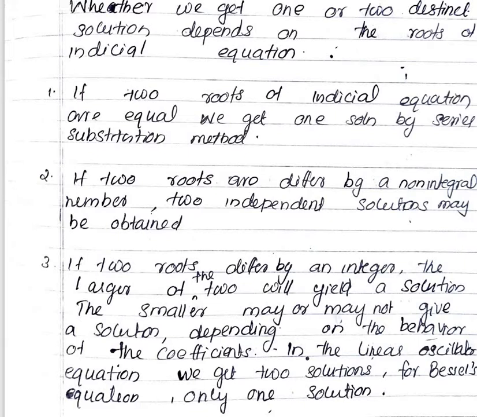The smaller may or may not give a solution depending on the behavior of the coefficients. In the linear oscillator equation, we get two solutions, but for the Bessel equation, we will get only one solution using this Frobenius method.